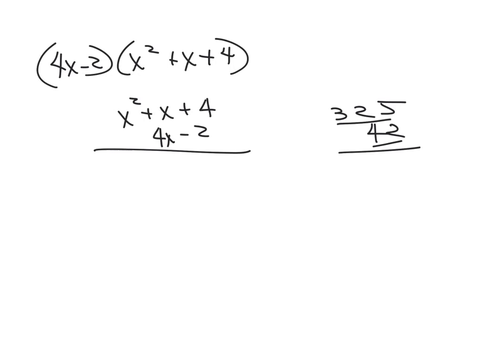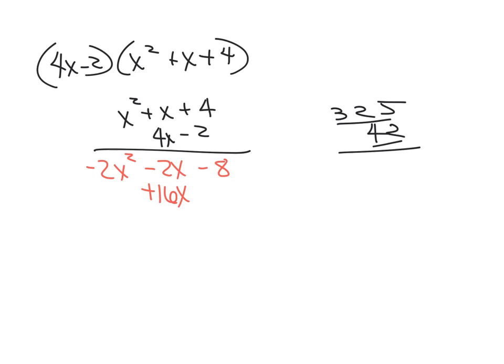Okay, so let's do this. Multiply those two, and I get negative 8. Multiply those two, get negative 2x. Multiply these two, and I get negative 2x squared. Okay, now I start with these, and I get positive 16x.